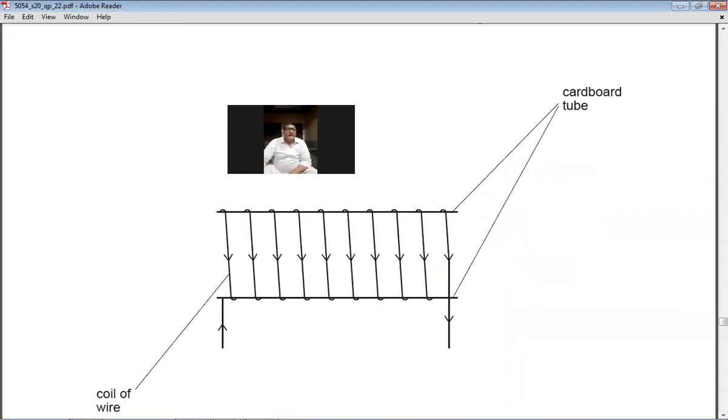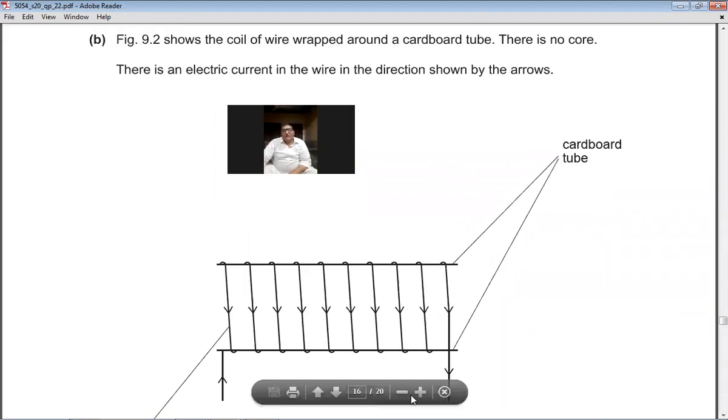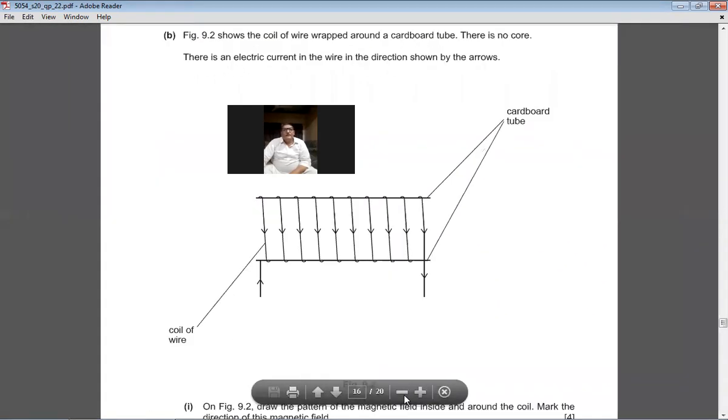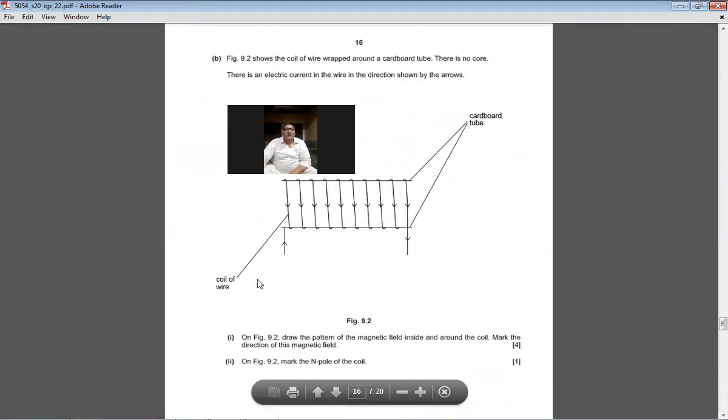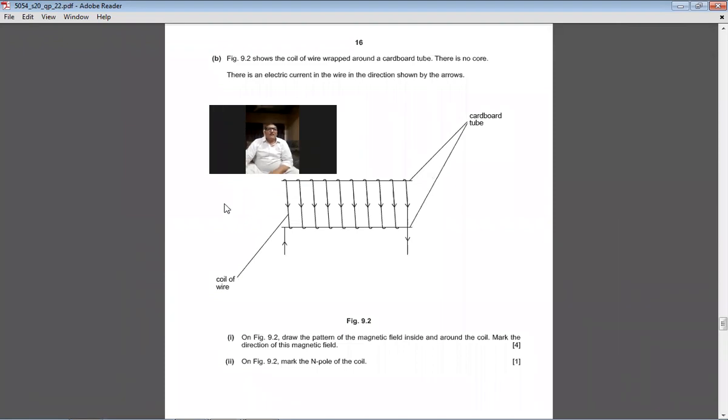So here we have to reduce the size a little bit. Figure 9.2 shows a coil of wire wrapped around a cardboard tube. There is no core. There is an electric current in the wire in the direction shown by the arrows.